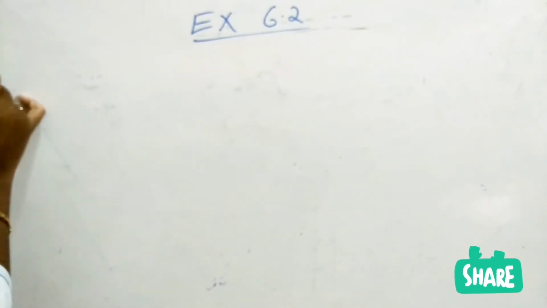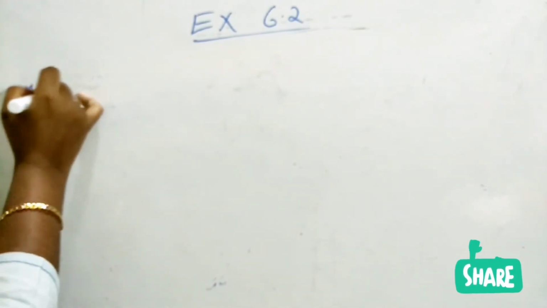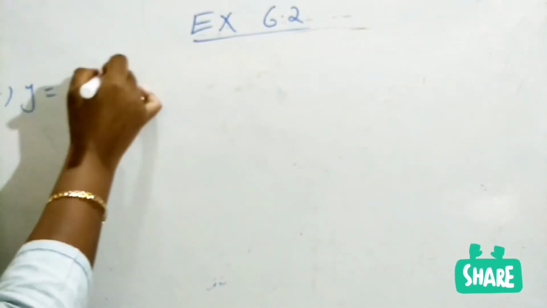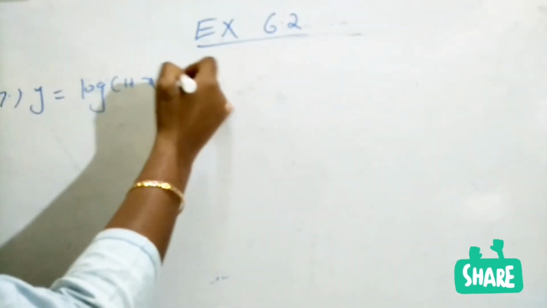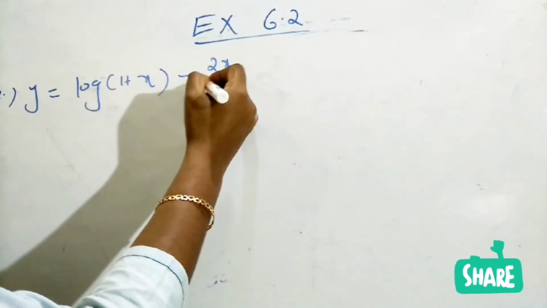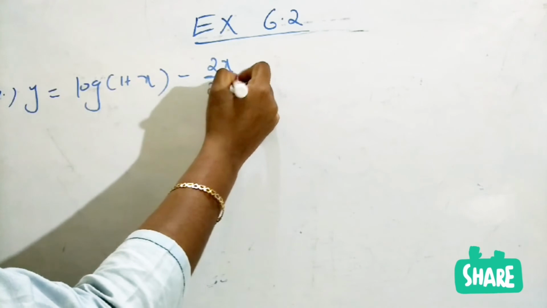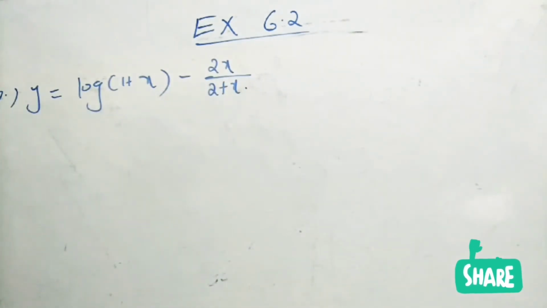So what is our y? Y is equal to log of 1 plus x minus 2x divided by 2 plus x.